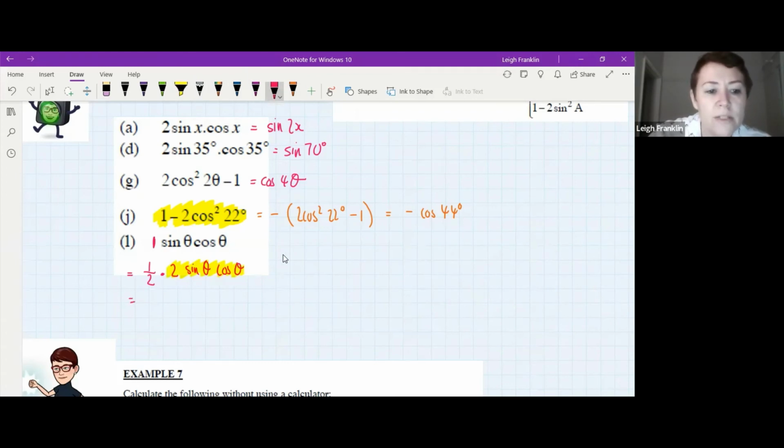So this is going to be half sine theta cos theta. Oh, sorry, I stopped working and my brain said completely the wrong thing. I beg your pardon. It's going to be half sine 2 theta. There we go. Does that make sense?